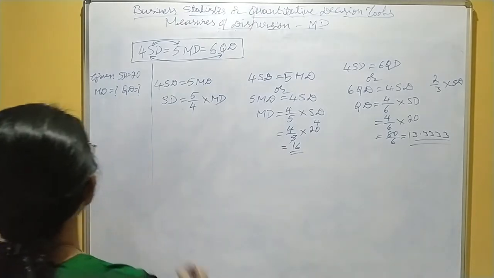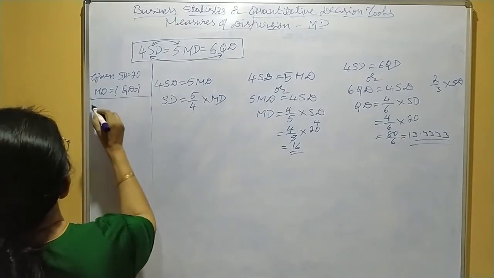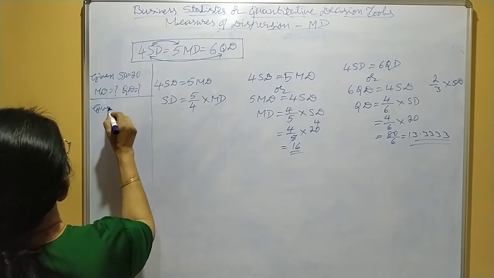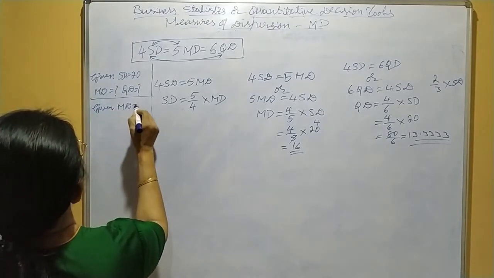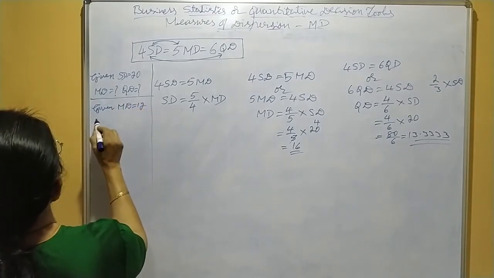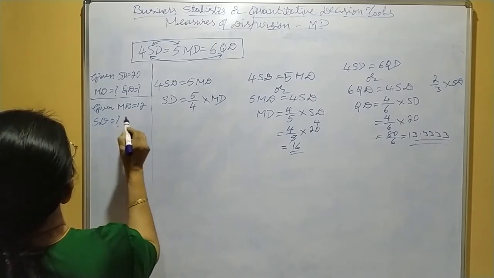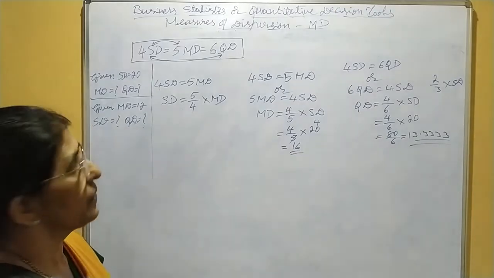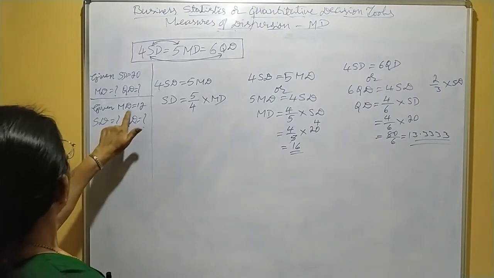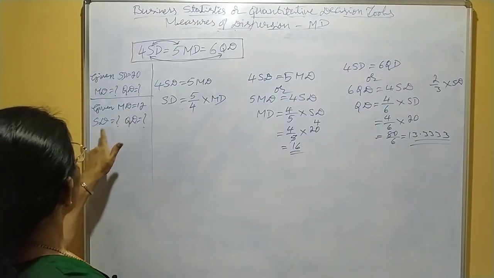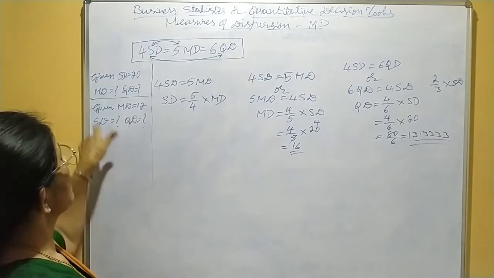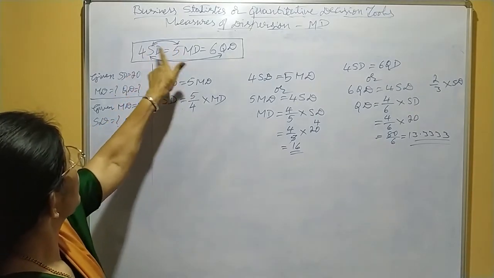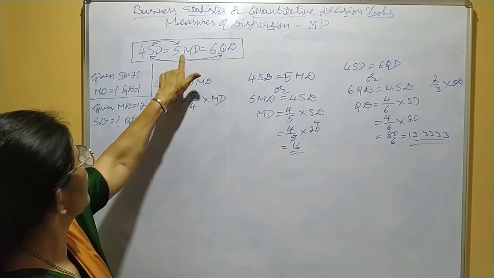On the other hand, here you may be given mean deviation equals 12. You are asked to find out how much standard deviation is and how much quartile deviation is. Now, mean deviation is given. You have to calculate standard deviation. That means you have to take the relation between standard deviation and mean deviation.